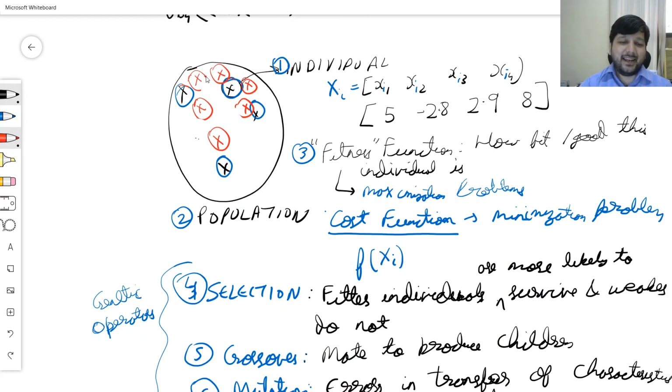And then again, I start over with only these individuals, and I say let me select the best or the fittest individuals. So some parents are still fit because the children that they reproduced were terrible, but most of the time the children are much better, and they are the ones who will reproduce more children.